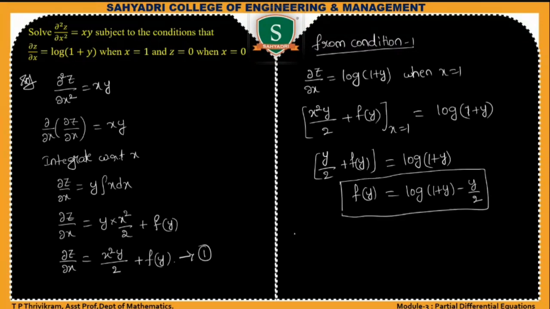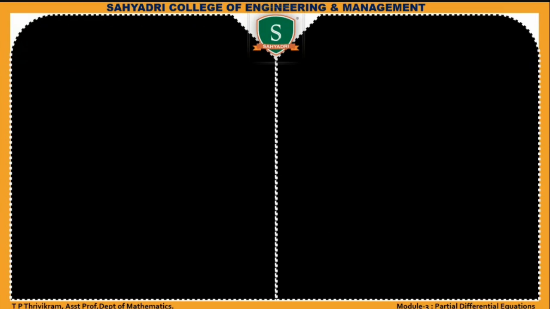So therefore from equation 1, dou z by dou x value is x square y divided by 2 plus f of y, which is log of 1 plus y minus y by 2. Now integrate with respect to x and check.